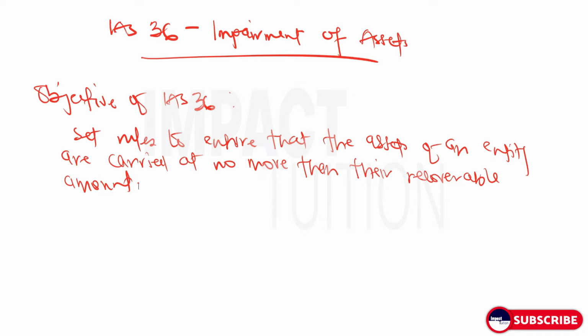And if the carrying amount is greater than the recoverable amount, the asset will be written down to the recoverable amount. And the difference between the recoverable amount and the carrying amount is the impairment loss. So IAS 36 is there to ensure that the assets of an entity are carried at an amount that reflects their true value.